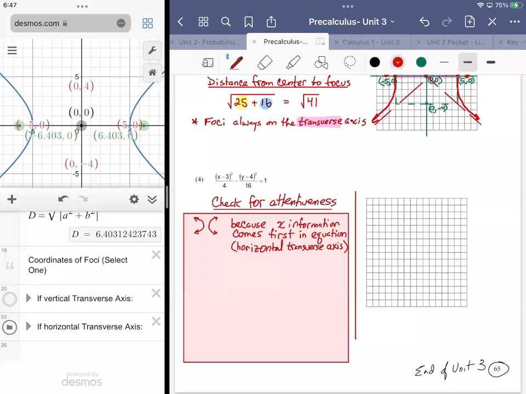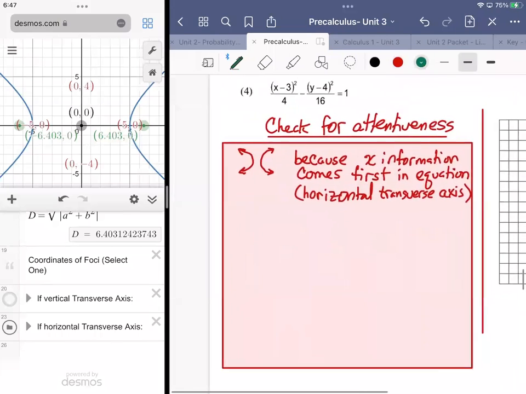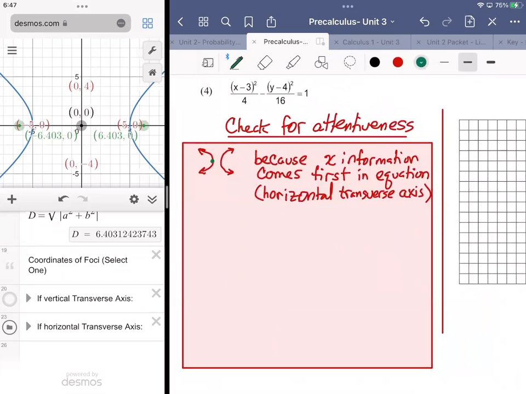All right. So it's that situation. Now, people have told me in the past that the way they remembered this is if you actually put the transverse axis in here, you connect the 2 points, that little green line there would be the horizontal transverse axis.